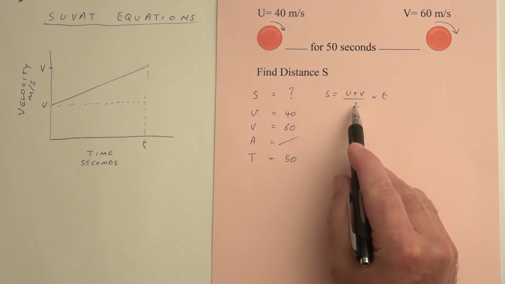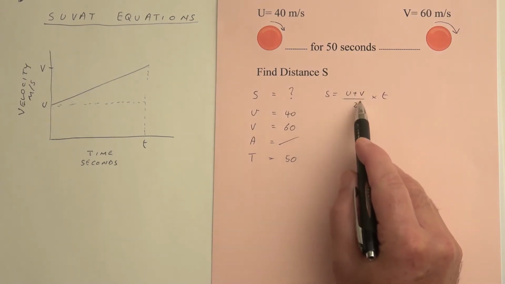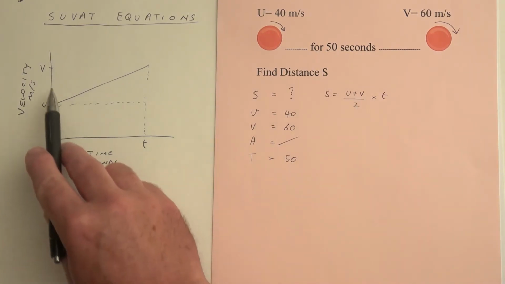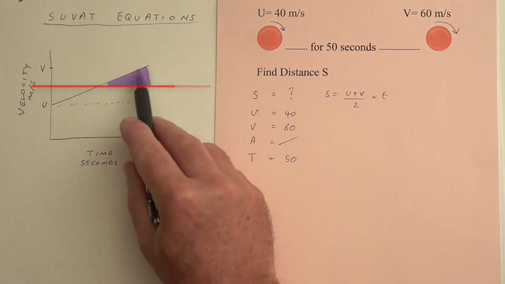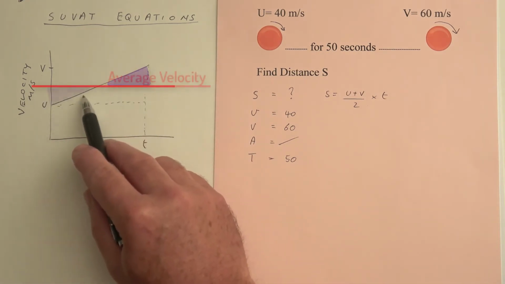If we look at this, this is basically the average velocity times the time. So if we look at this top triangle there, that would fit into this space over there.